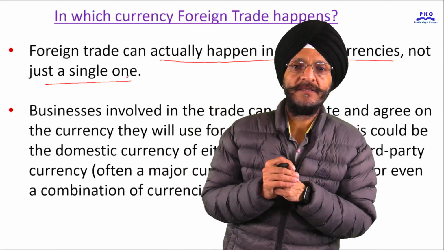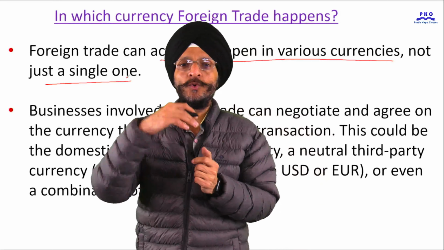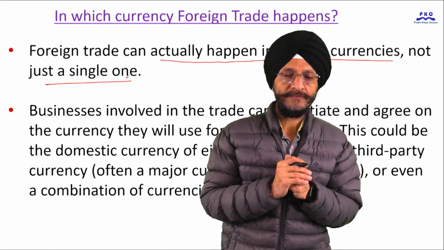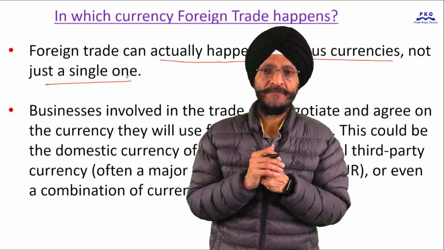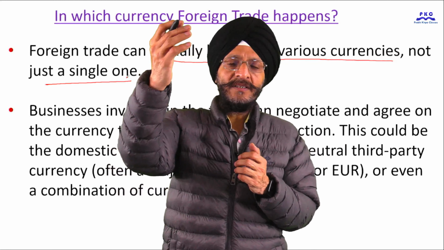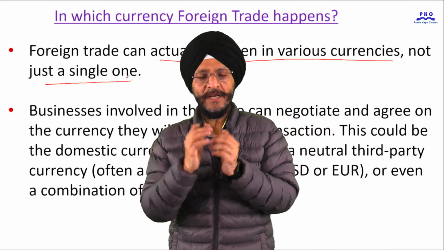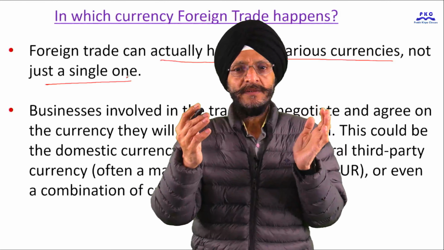It may happen that we are doing trade with the USA. The Indian importer may ask that they will accept only US dollars or any other currency. It is possible.